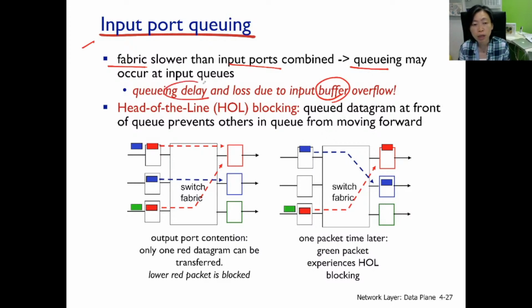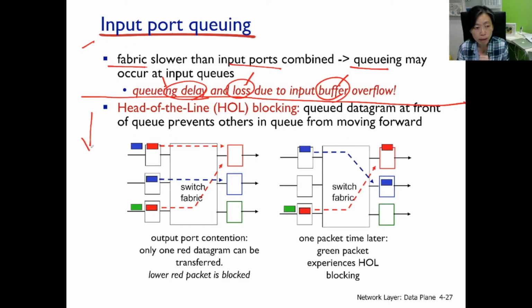That's why we see queuing delay. When the buffer is full, packets get dropped. So the queuing strategy and the dropping policy, as well as how much buffer we should allocate to this input port, are all part of buffer management, which we'll talk more about in the next few slides.